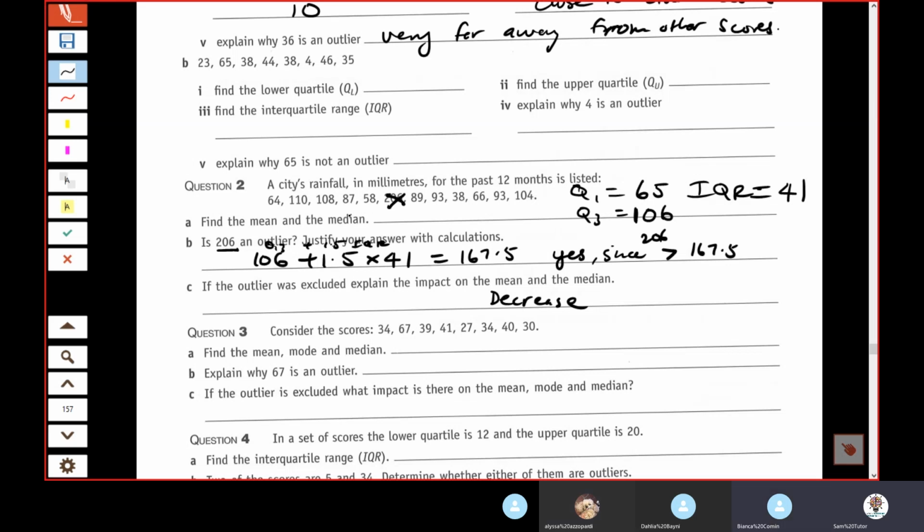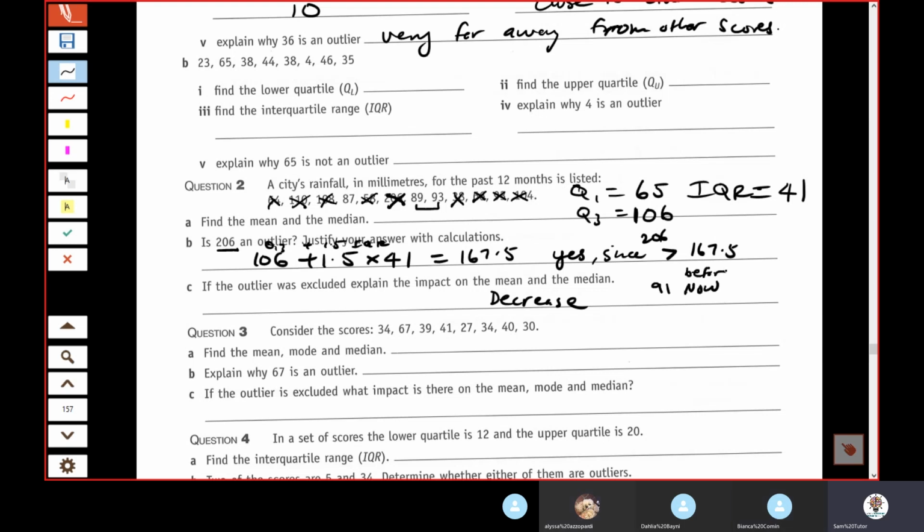It's almost a 50-50 guess. It's obviously going to change. Let's see: cross out the smallest, cross out the largest, and repeat. I'm left with 89 and 93, which is 91 now.